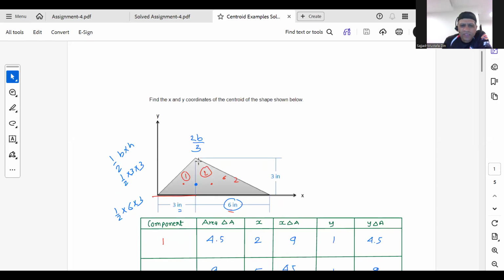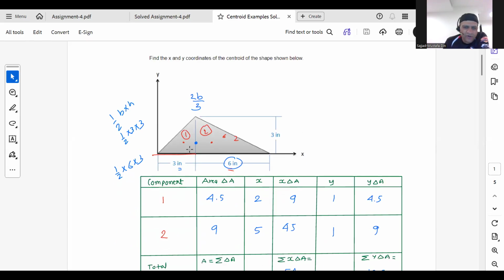So let's say we've got this shape given right here. You can divide it into shapes 1 and 2. And then what you're going to do is find the centroid using these two shapes as components, components 1 and 2.